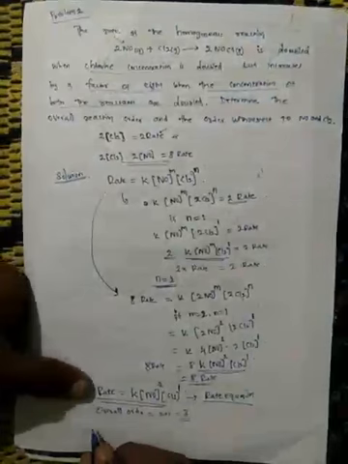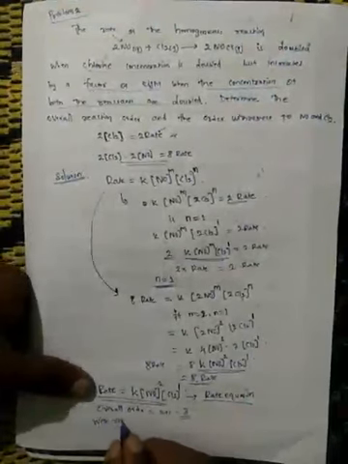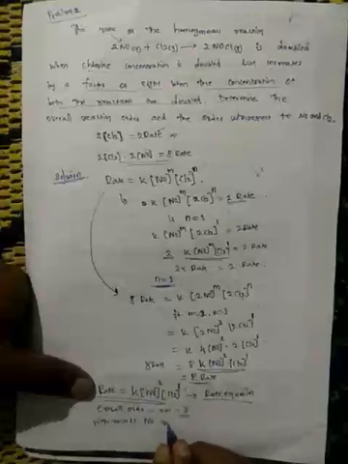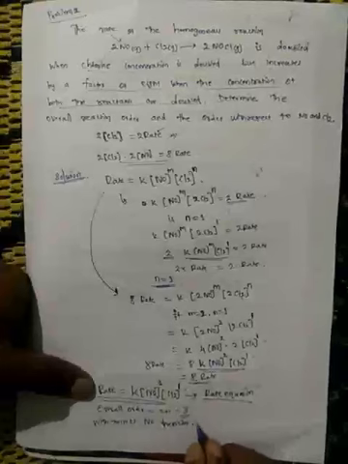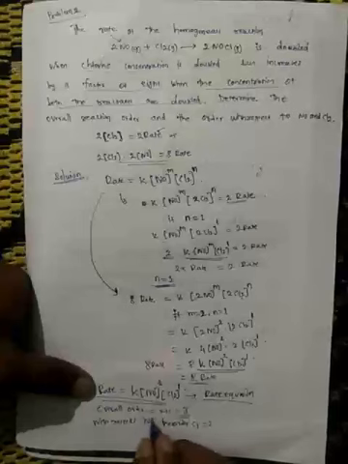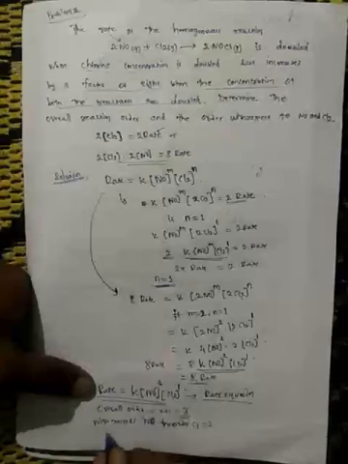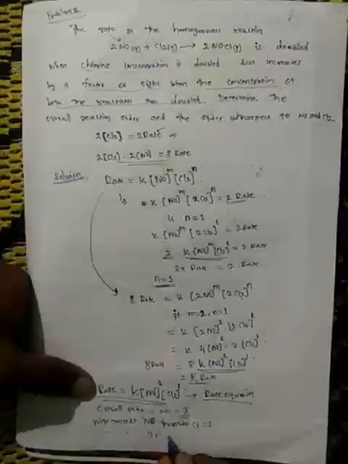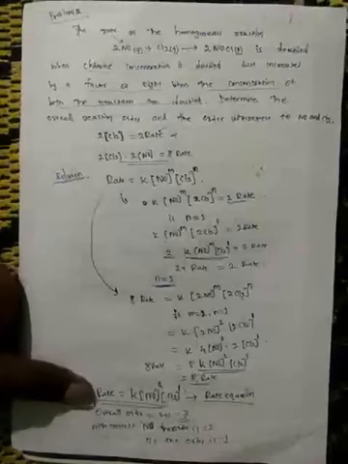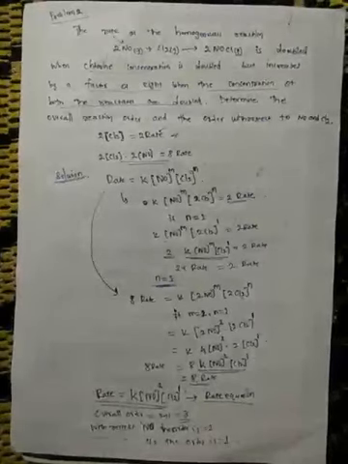And with respect to NO, the order is 2, and with respect to chlorine, the order is 1.